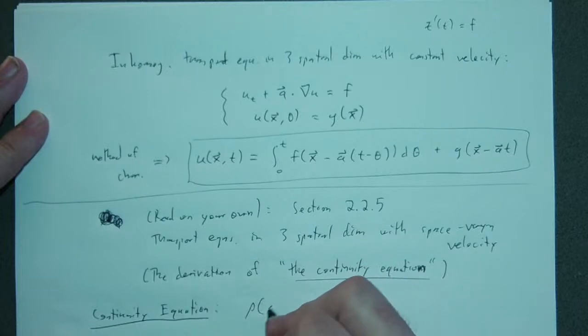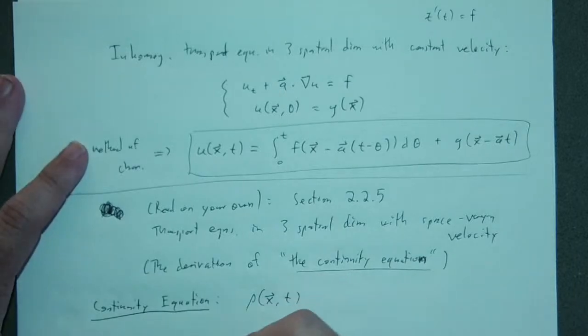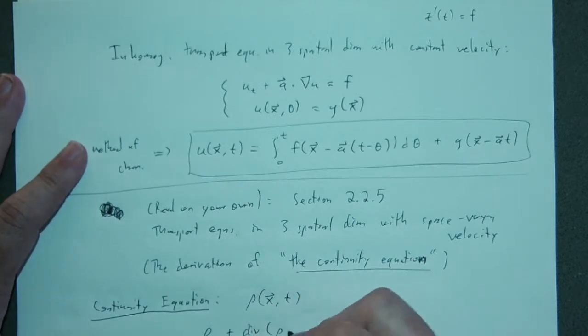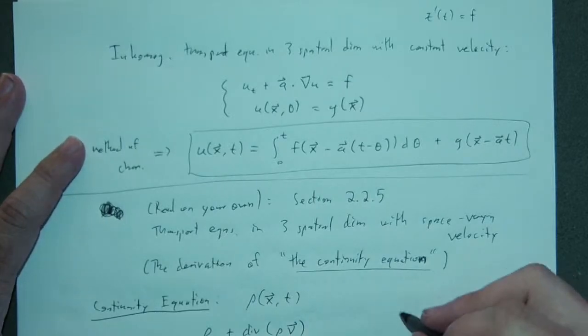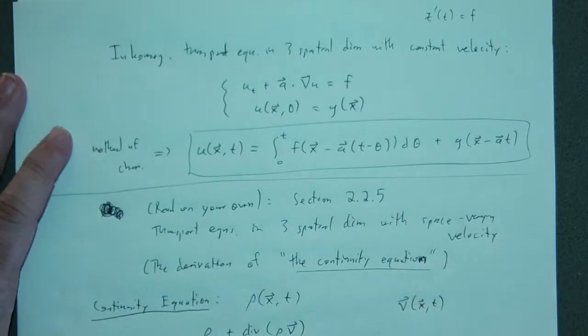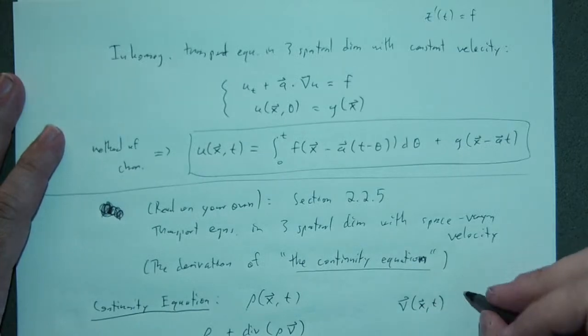You're seeking a rho of x,t. x is a vector with 3 components, so this is in 3 space, and what this looks like is rho sub t plus the divergence of rho times vector v, where v is a velocity vector field. Maybe you can think about it, but you can just think more generally this is a vector field.